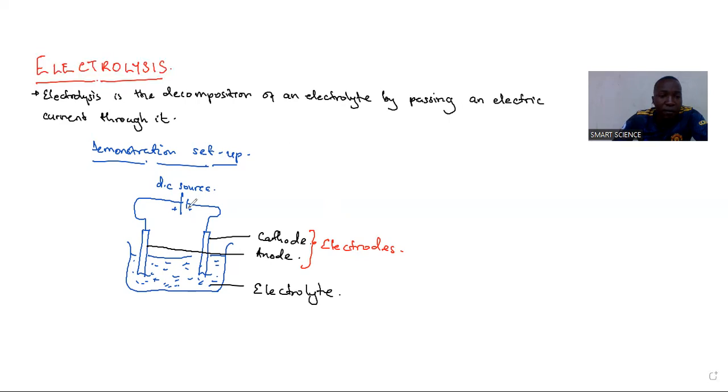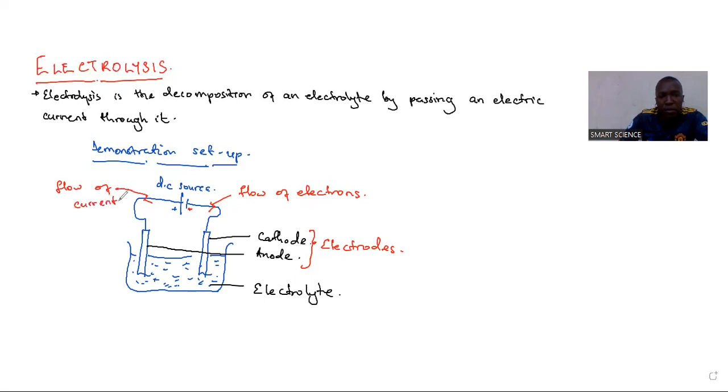Whenever a terminal is negatively charged, it means it has plenty of electrons. Therefore, electrons will be flowing from the negative terminal into the electrolyte. So this arrow is showing the flow of electrons. In the opposite direction, it will be the flow of current.